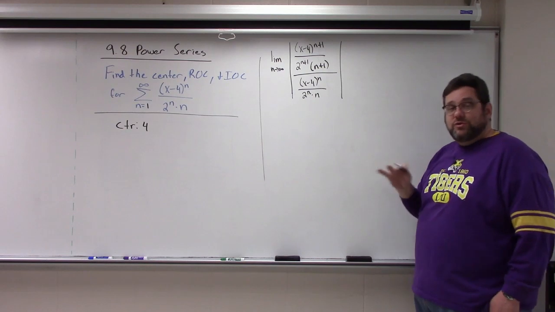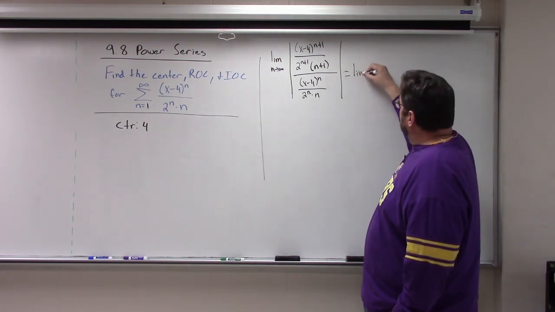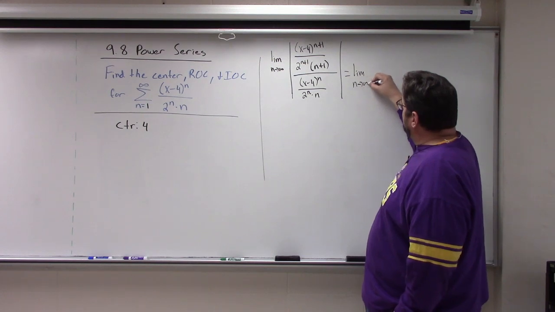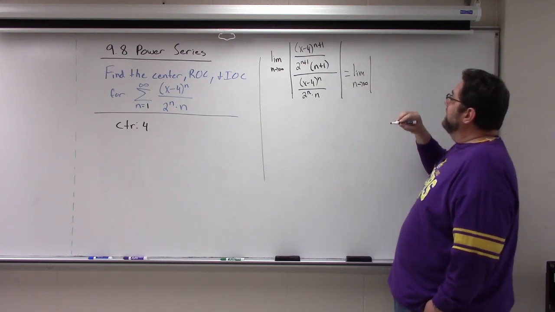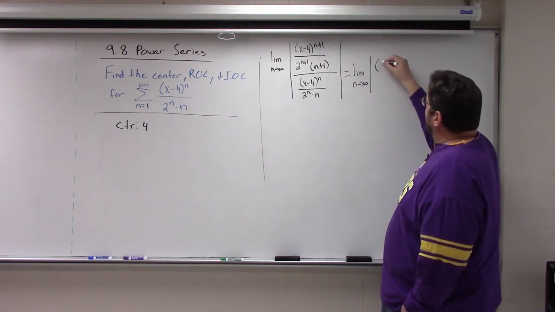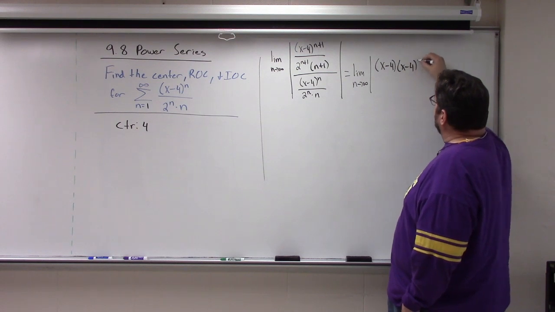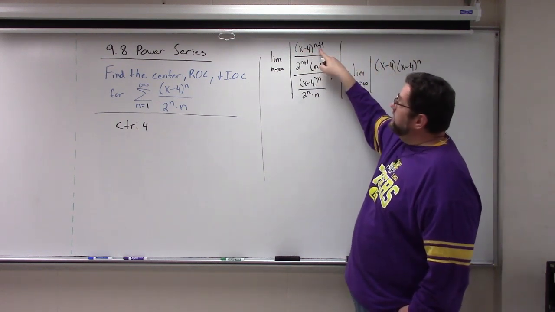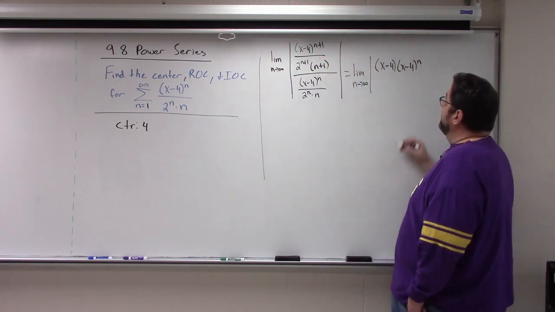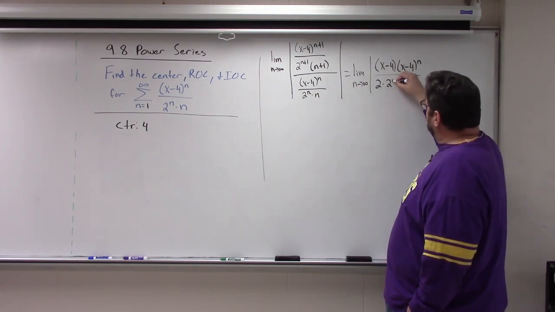Now, as you should be used to by now, I'm going to do some rewriting here. I'm going to take the limit as n heads to infinity of, and I'm going to split off this first x minus 4, and write this as x minus 4 times (x minus 4) to the n, that's the n plus 1 term, over 2 times 2 to the n.